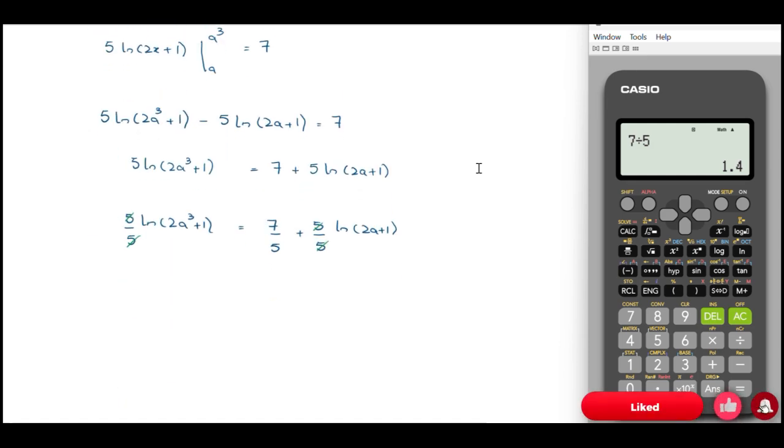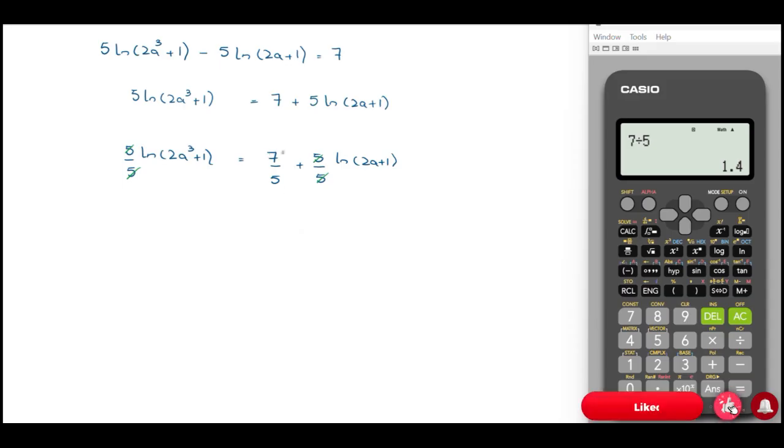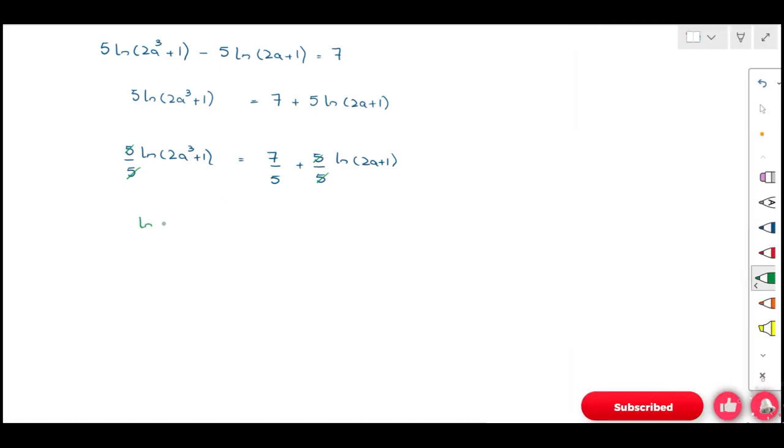We are left with natural log of 2a cube plus 1 equals 1.4 plus natural log of 2a plus 1. Okay, now let me take exponential on both sides, right?